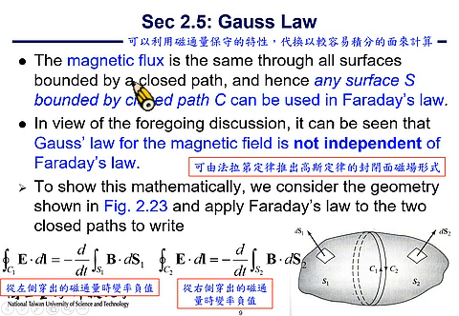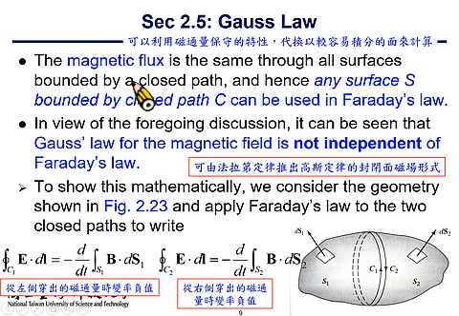As you can see here, if you have an egg-like volume, egg-like space, then you cut the eggshell in half. To the left is surface S1, which is bounded by C1, and to the right is surface S2, bounded by contour C2.